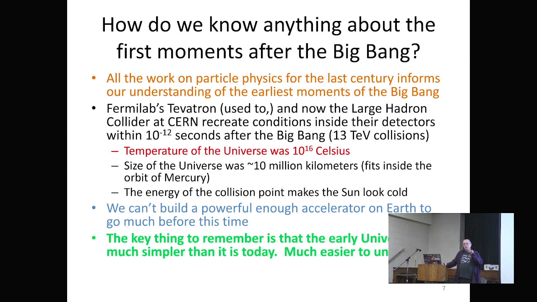There are particles that come in through the atmosphere that have energies far higher than we know how to produce with accelerators on Earth. And actually there are some particles that enter the atmosphere that nobody knows how they got so much energy. So maybe those collision points aren't the hottest places in the entire universe, but we don't know how some of the things that come to Earth get that energy.